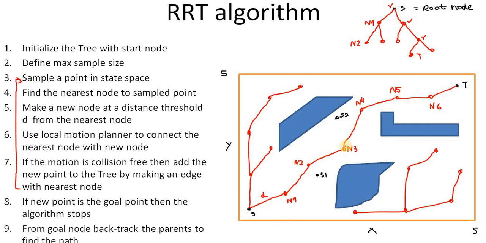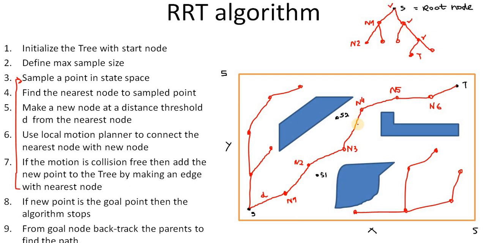It's not straight. A straight path should be a straight line, but the path is zigzag, and this is because of random sampling and the random addition of your new nodes to your previous tree. So that's why this algorithm doesn't give the shortest path.